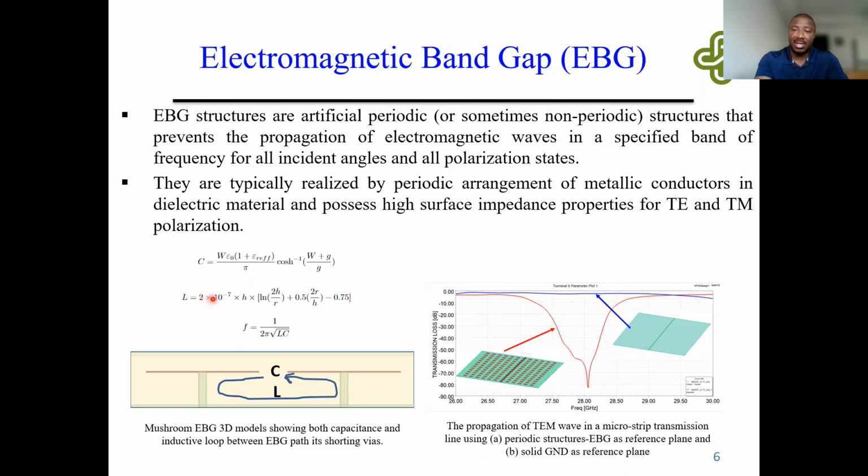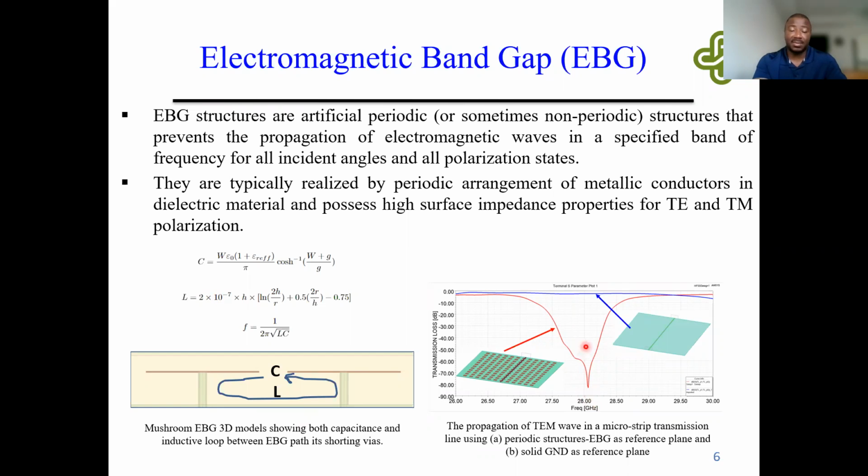The equations on the left are used to determine the EBG capacitance and inductance through the EBG patch and the shortened via sizes shown in this figure. The figure on the right, however, shows the experimental analysis of mushroom EBG structure designed for 28 gigahertz operation using transmission line as the device under test.